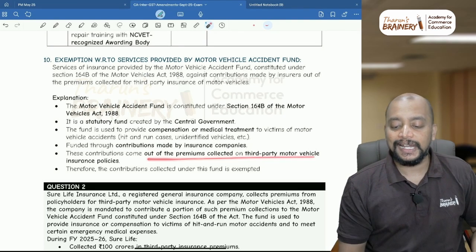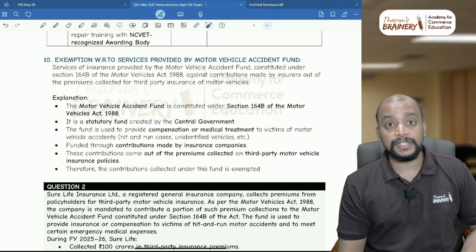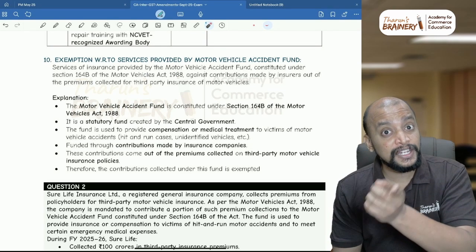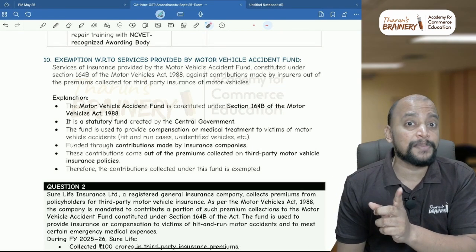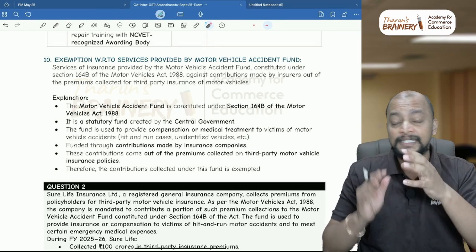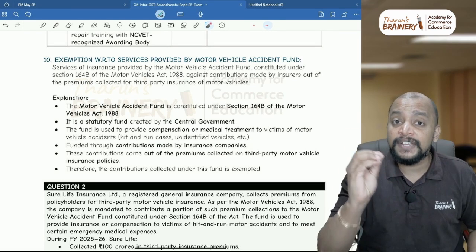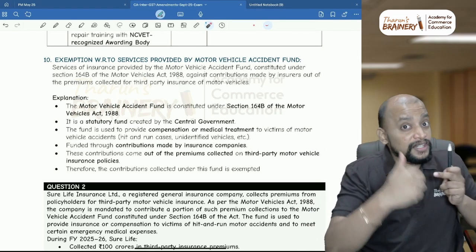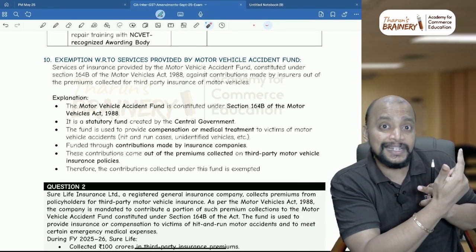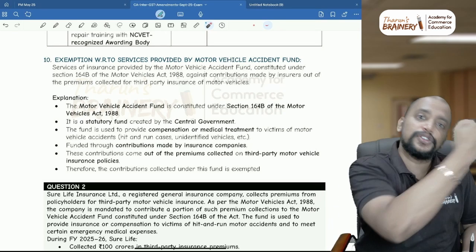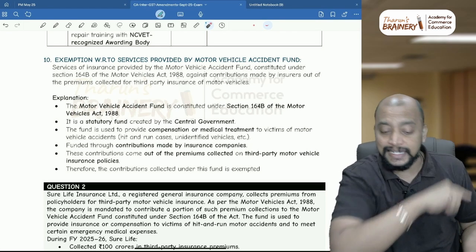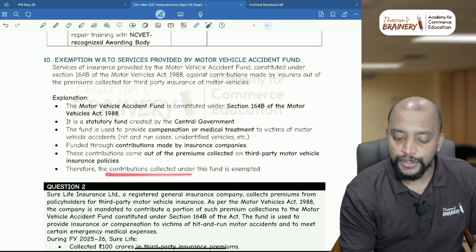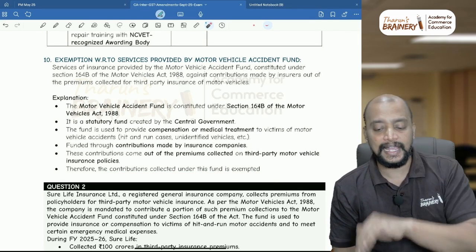Out of the premium collected on third party motor vehicle insurance. Is the third party motor vehicle insurance premium collected by insurance companies exempted? No, that is taxable. The insurance company will collect the third party insurance premium, and that is taxable. But thereafter, the contribution they make to the motor vehicle accident fund, collected by the government, is exempted. Therefore, the contributions collected under this fund are exempted.